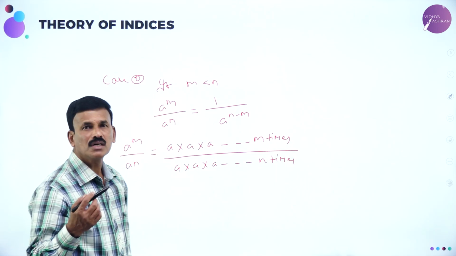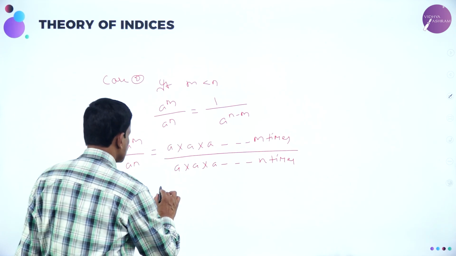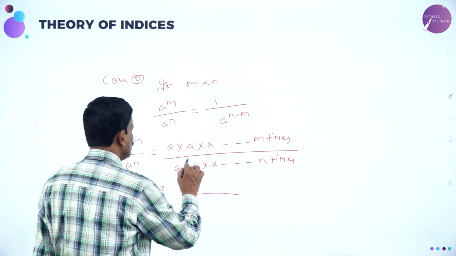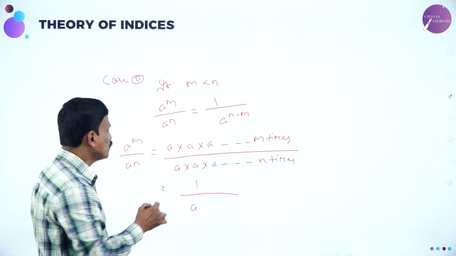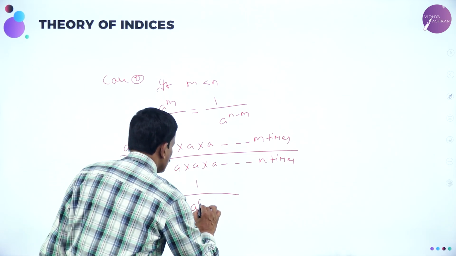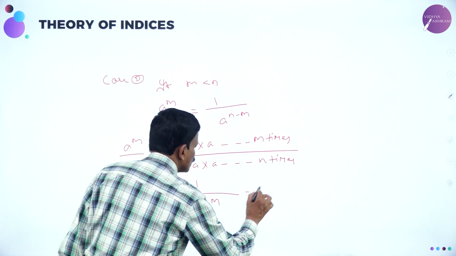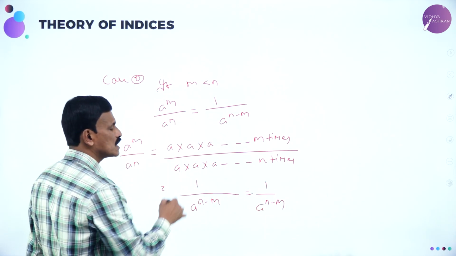Since here m is less than n, this can be written as 1 over a to the power of n minus m.